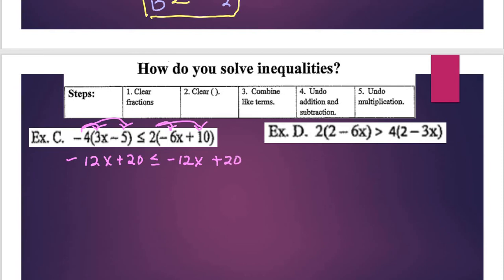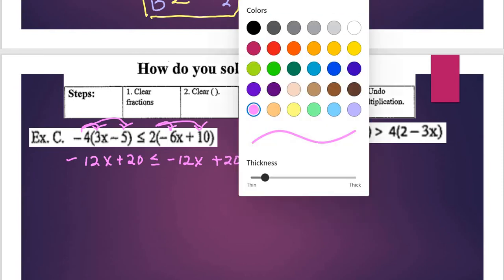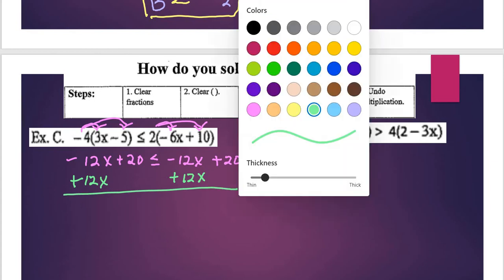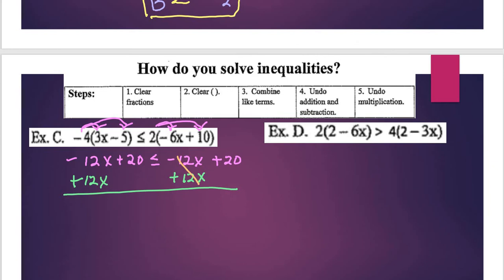And now we're going to get the variable to the left-hand side. So I'm going to move the negative 12x, and when you undo a negative 12x, it becomes a positive 12x. So this cancels out, that cancels out. I have 20 less than or equal to 20, and this is true.